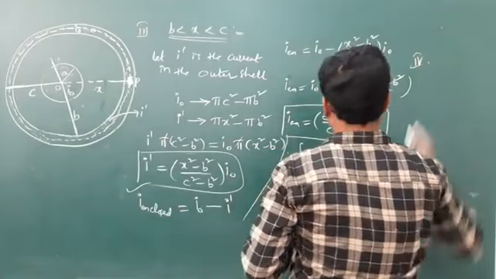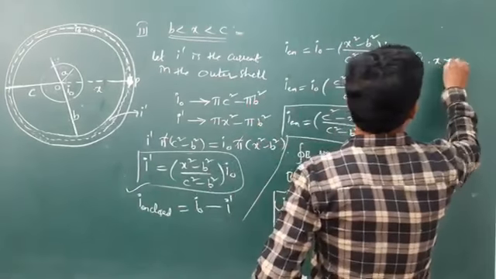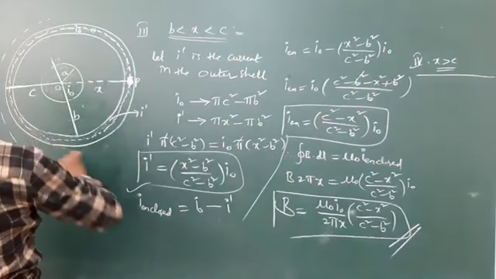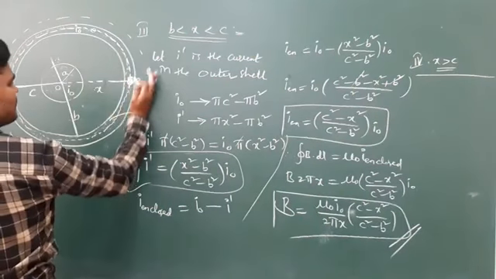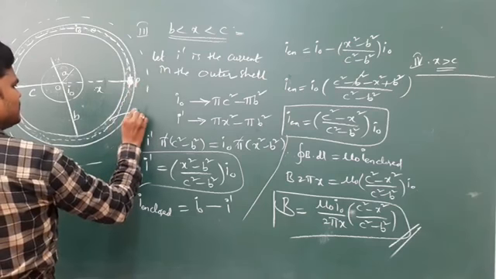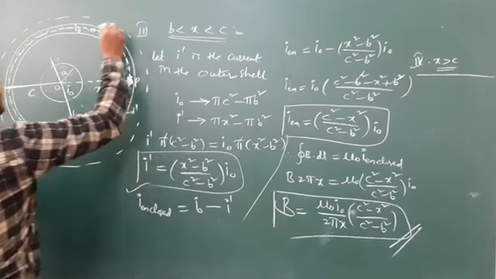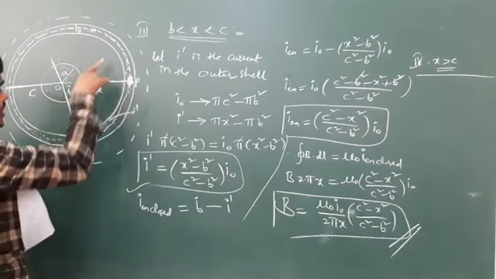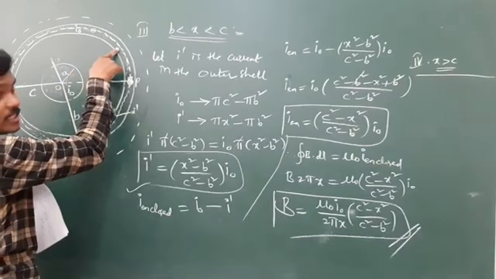And see the last condition. Let me write here only. The last condition is x greater than c. So you draw the Amperian loop like this. If I draw the Amperian loop outside, this loop contains one inward current and one outward current.